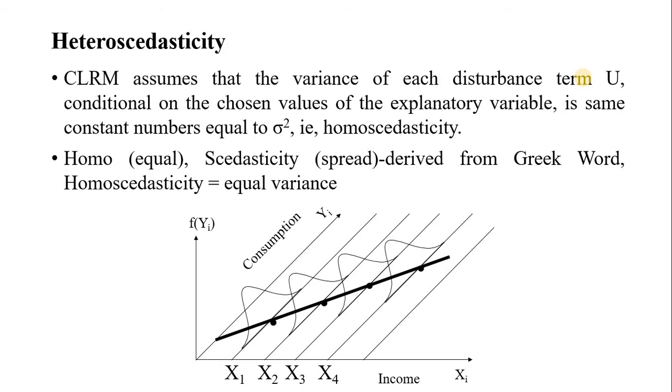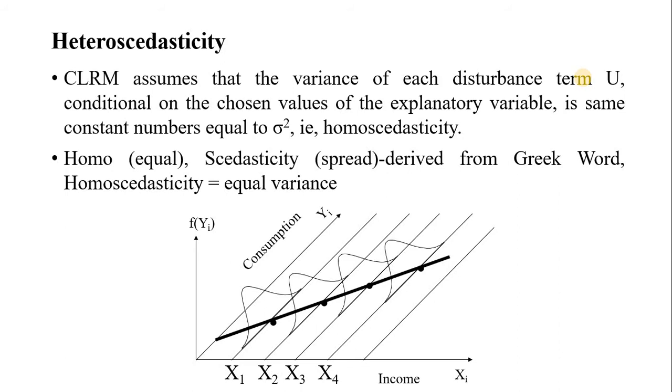Homoscedasticity is basically a word originating from two Greek words, homo and scedasticity. Homo means equal and scedasticity means variance or spread. So homoscedasticity means equal variance.